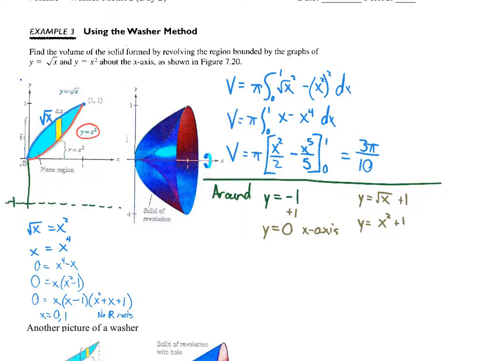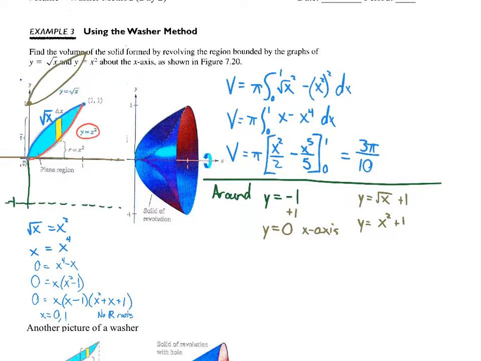Now I've shifted everything up, so essentially this is my axis of revolution again. Now I have them intersecting still at 0 and 1 on the x-axis, but my y-coordinate has pushed up until it's like this, okay? So I've got this up here because I've moved everything up, okay?